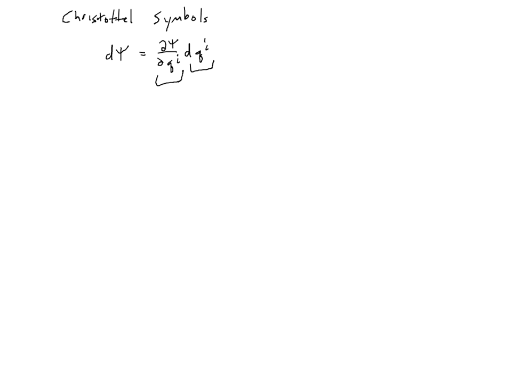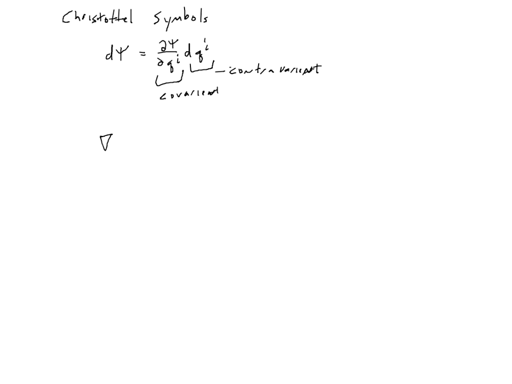So therefore, this right here has to be covariant. And so it's like we're creating and then destroying vectors when we're doing these simple things.